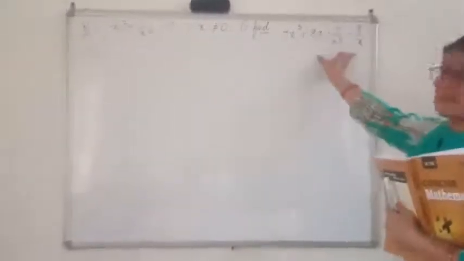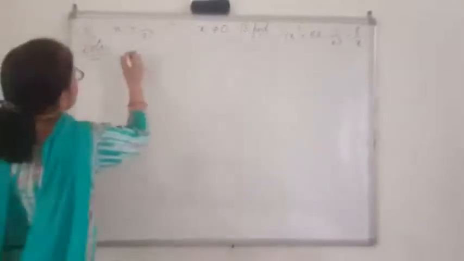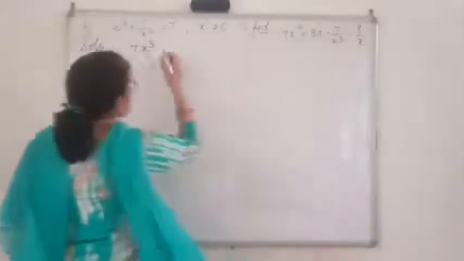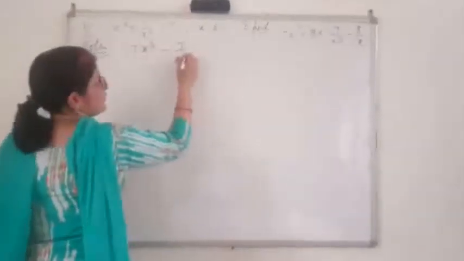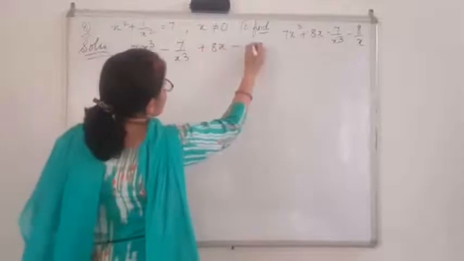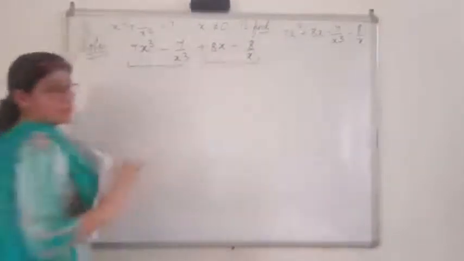We will take this term first and then we will regroup it. 7x cube and this one. Means cube terms we will take together and without cube terms we will take separately. Plus 8x minus 8 upon x. We make groups of two terms.